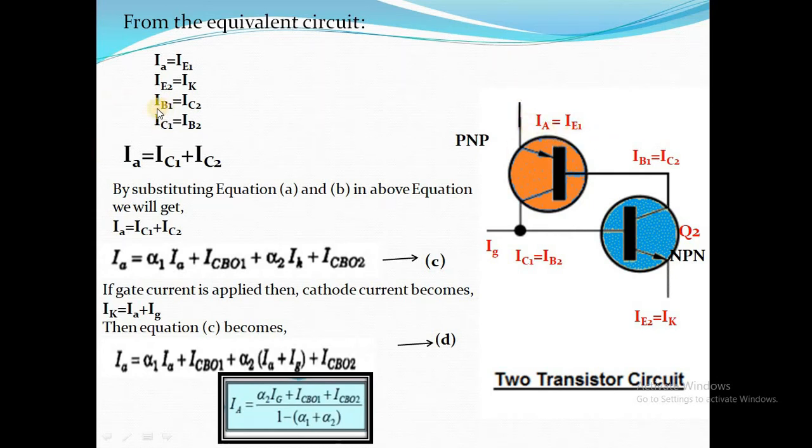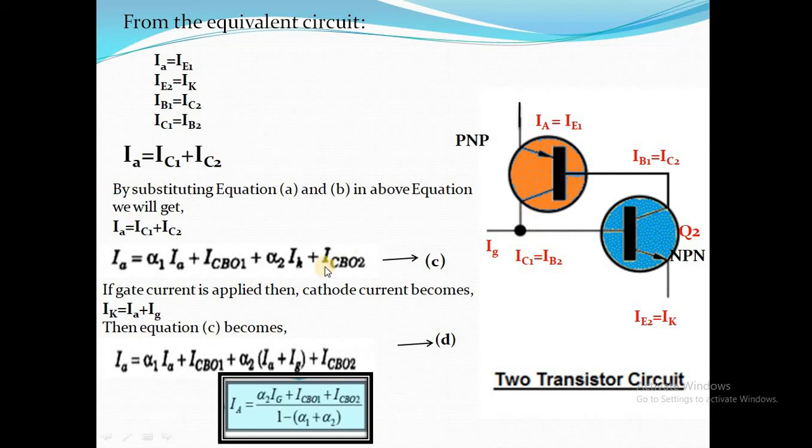Next, IB1 is equal to IC2, because the base of the first transistor is the same as the collector terminal of the second transistor. And next, IC1 is equal to IB2, because the collector terminal of the first transistor is the same as the base terminal of the second transistor.